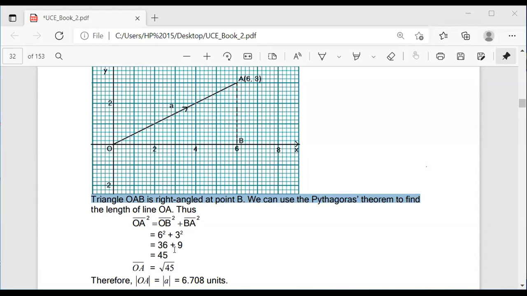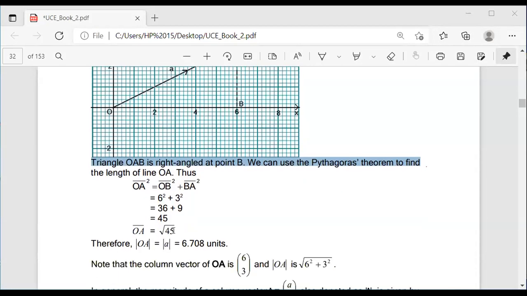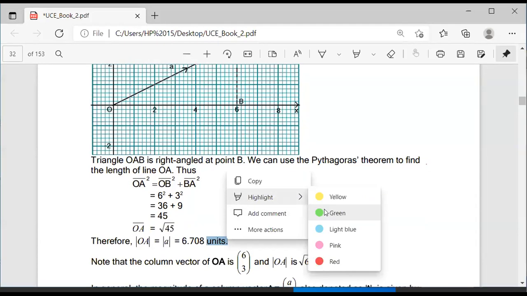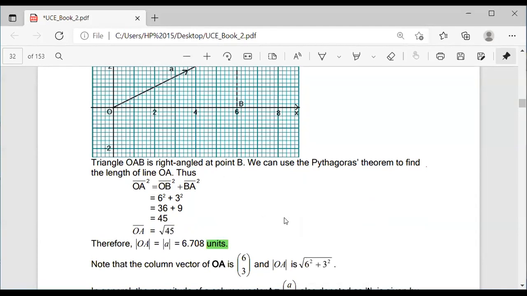So that is 36 plus 9, and we get 45. Then you find the square root of 45, which is 6.708. In other words, the magnitude of OA is 6.708 units. So you just add on the word units, and those will be the units for the magnitude of the vector.